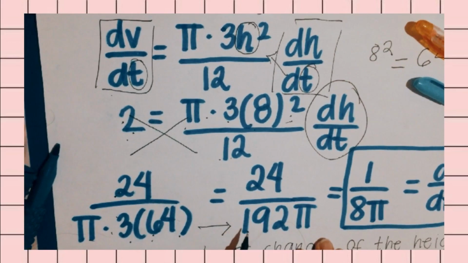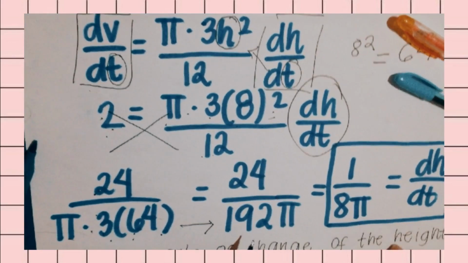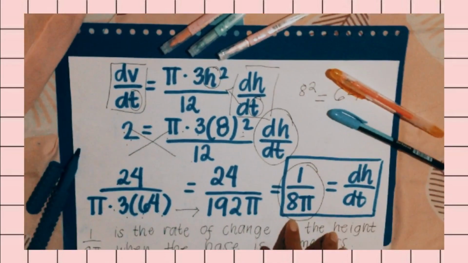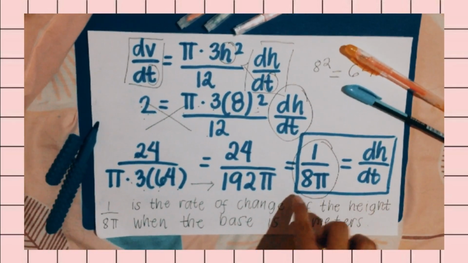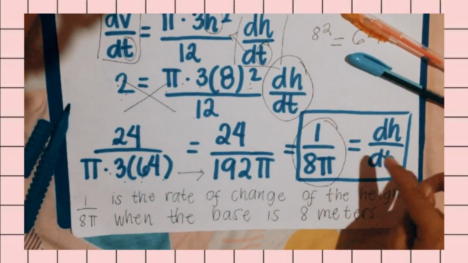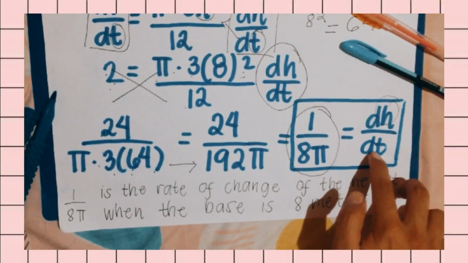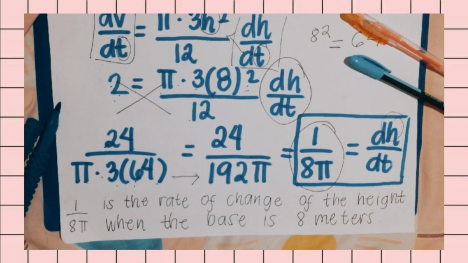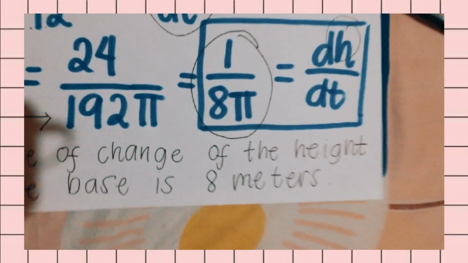So 24 over 192 is 1 over 8 pi. So this is the final answer, and this is the unknown value. So 1 over 8 pi is the rate of change of the height with respect to time when the base is 8 meters. So this is the final answer.